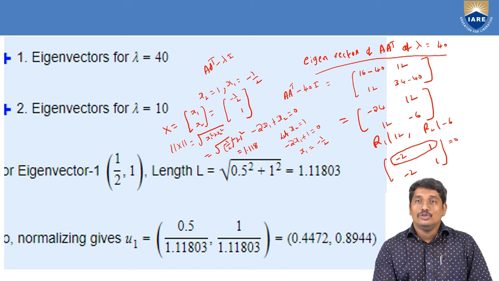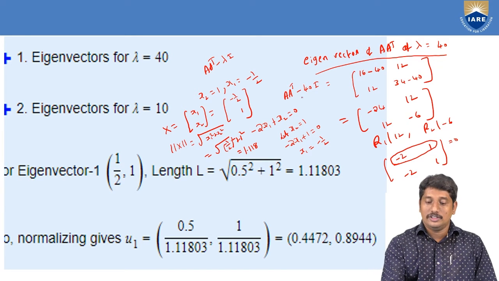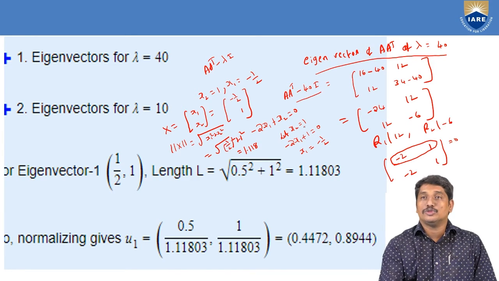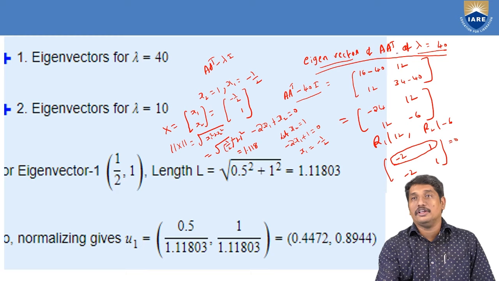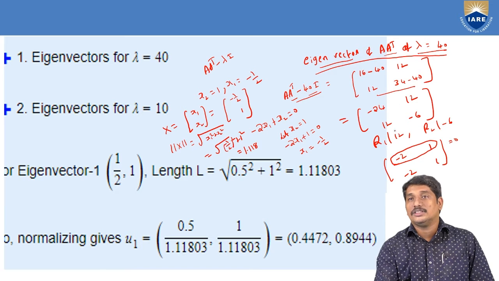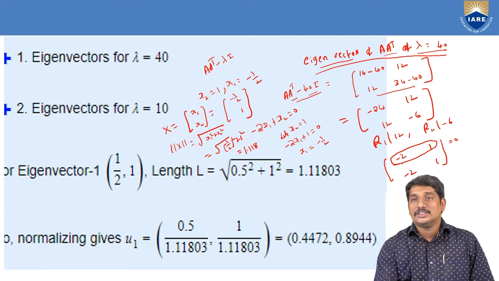So what we have done, we started with A into A transpose minus 40I. Our aim is to calculate the eigenvector with respect to lambda is equal to 40 for the matrix A into A transpose. This is the resultant matrix, and after doing the row operations, we get two rows identical. So we can consider only one row, the first row: minus 2x1 plus x2 is equal to 0.